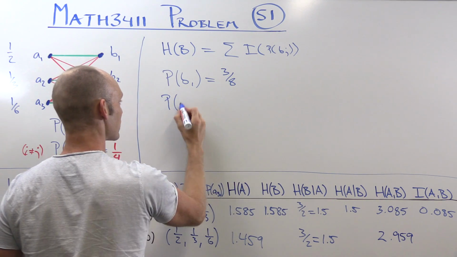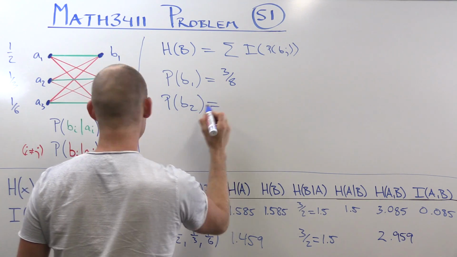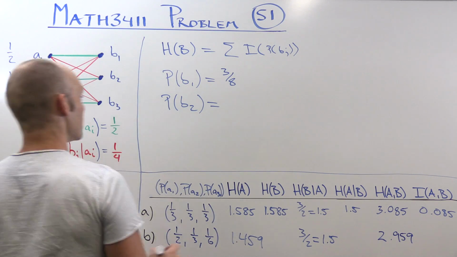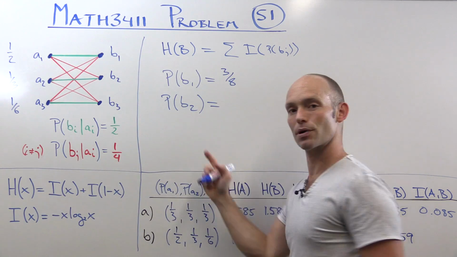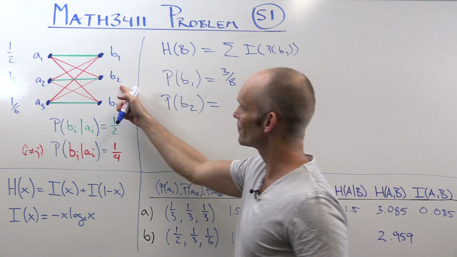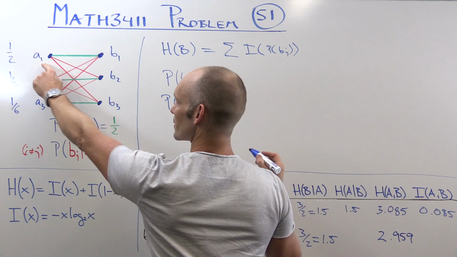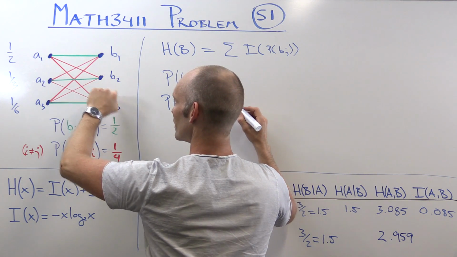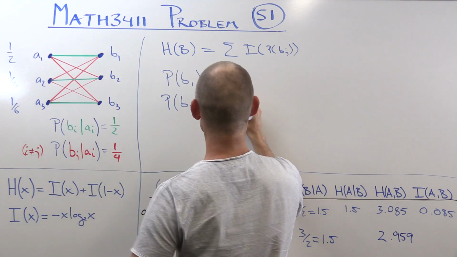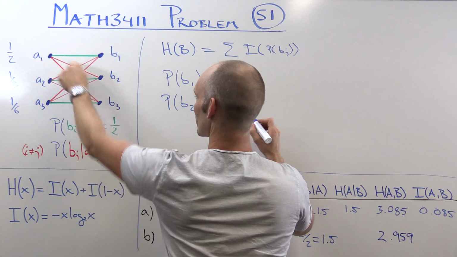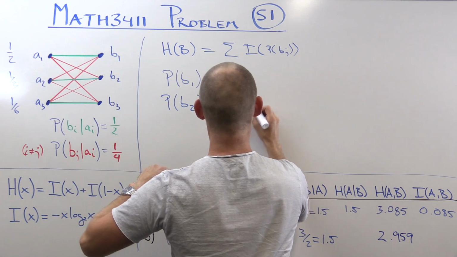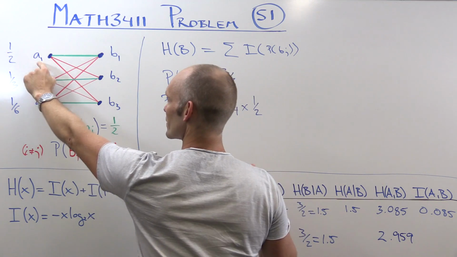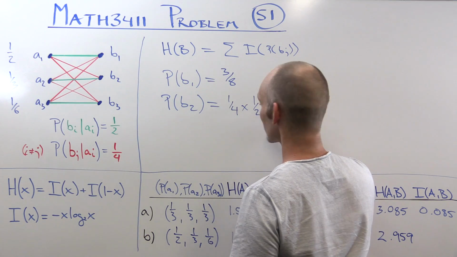Okay, what about B2? Well, it's very similar. The probability that we get to B2 is the probability that we started in A1 and then go from A1 to B2. So it's a quarter probability that we get this way times a half that we sent A1 in the first place.